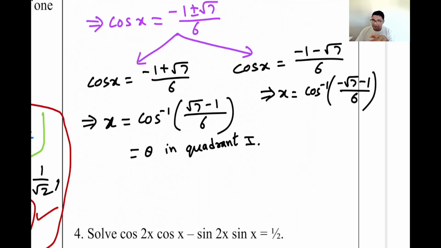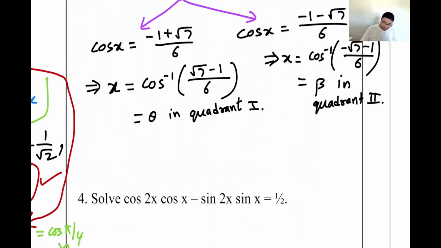But clearly that number is negative, call it beta, and that will be in quadrant 2, right? Cosine will be negative for the first time in the second quadrant. Using those, you can write your solutions.